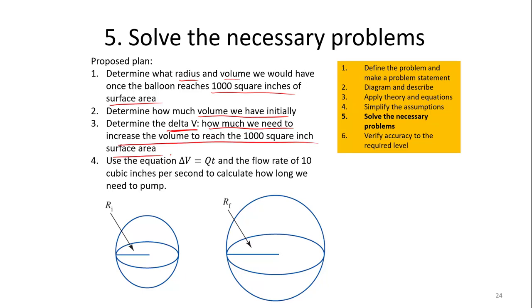Remember, delta V will just be the difference between the final volume minus the initial volume. Finally, we can use our equation. Delta V is flow rate times time, and our flow rate is 10 cubic inches per second. That will help us calculate how long we need to pump air into the balloon. Let's go ahead and try these calculations.